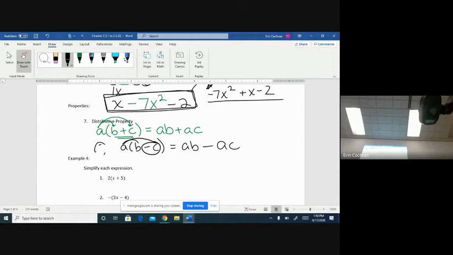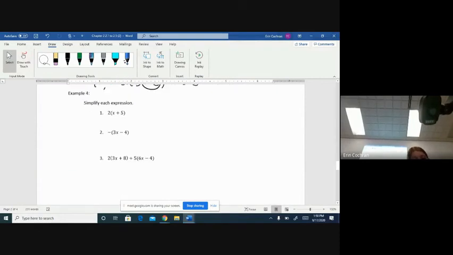So again, the only time we honestly use the distributive properties if we cannot combine like terms inside the parentheses, okay? So as I look at example 4 here, number 1, if I go to do what's inside the parenthesis, can I add x plus 5? Right, I could if I knew what x is, but I don't. So we can't add that.